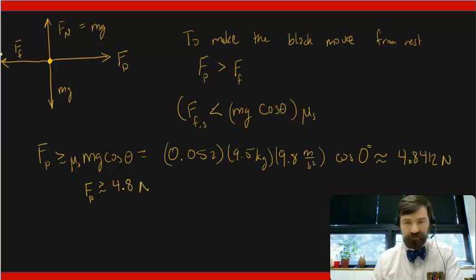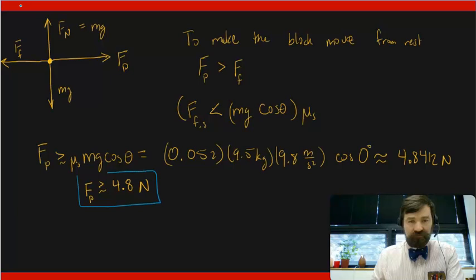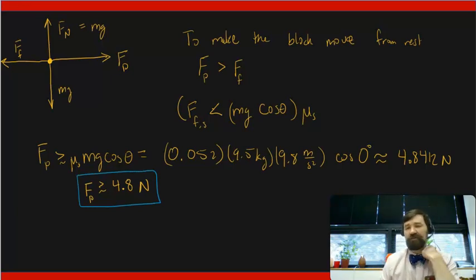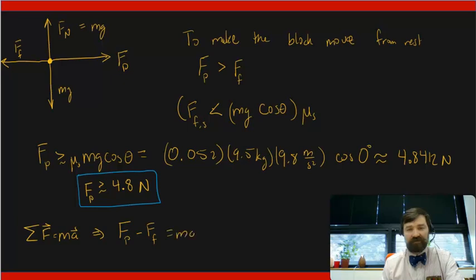something newtons. The second part of this problem involves asking what the acceleration is, assuming that we have this much pull force. So we should be able to write that the sum of forces is the mass times the acceleration. Therefore, the pulling force minus the force of friction is the mass times the acceleration.